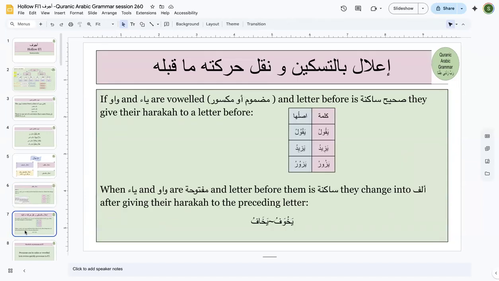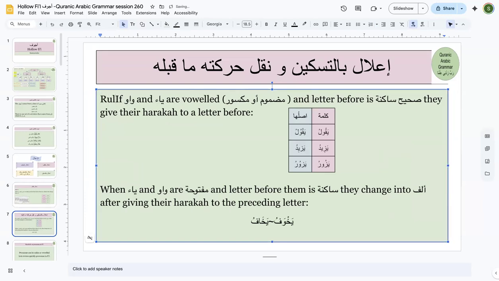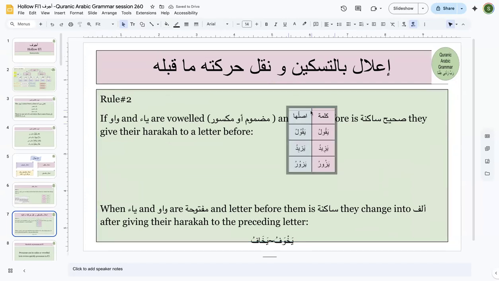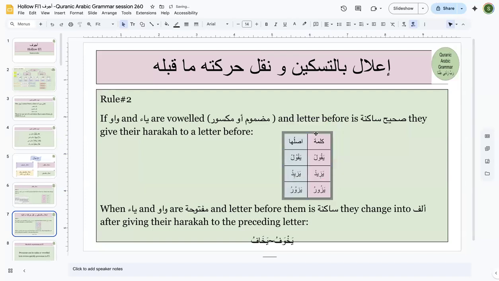So this is what is going to work for your qala, khafa, ba'a, nala. Now comes your rule number 2. Which rule is going to be shown to you now? There is rule number 2. In rule number 2, if ya and waw are voweled, either they are madmoom or maksoor, and the letter before is sahih sakin, they give their haraka to the letter before.